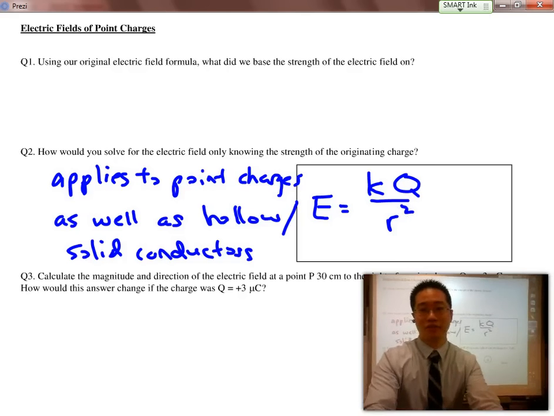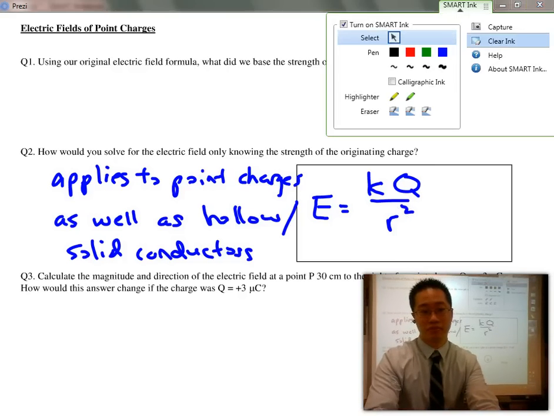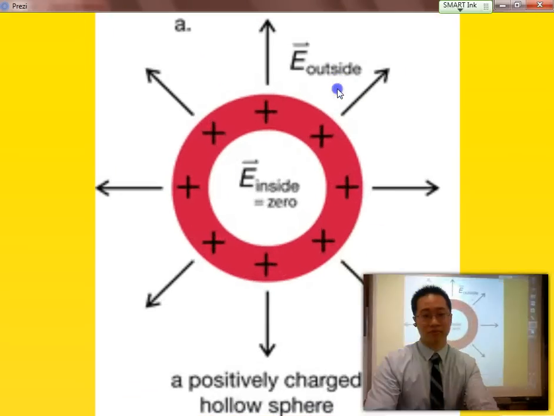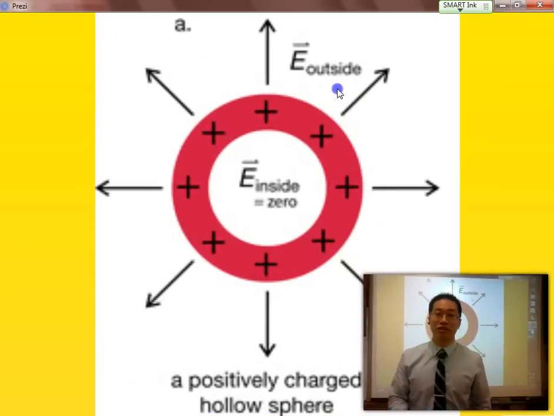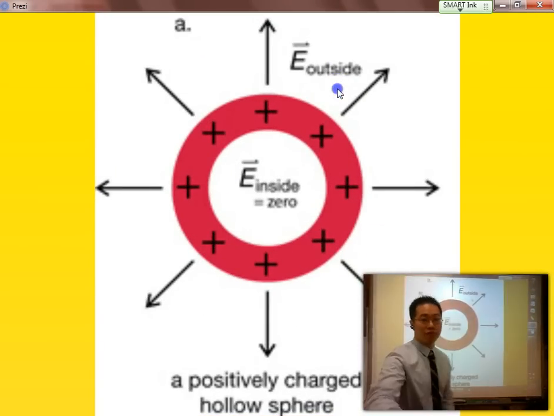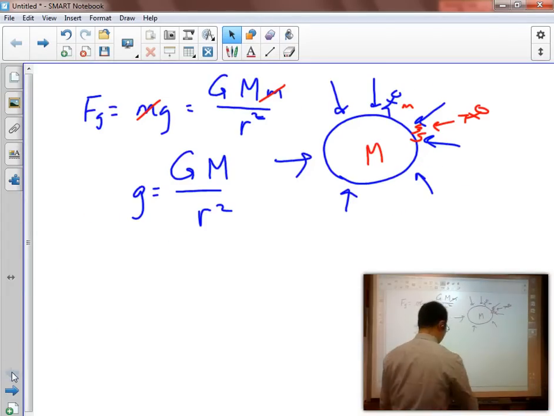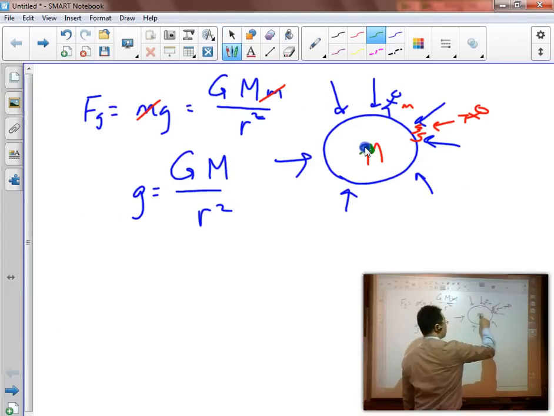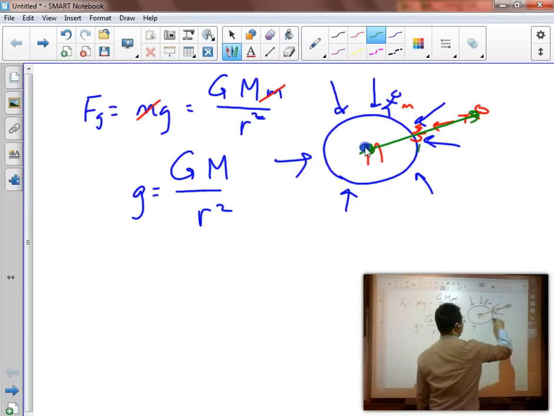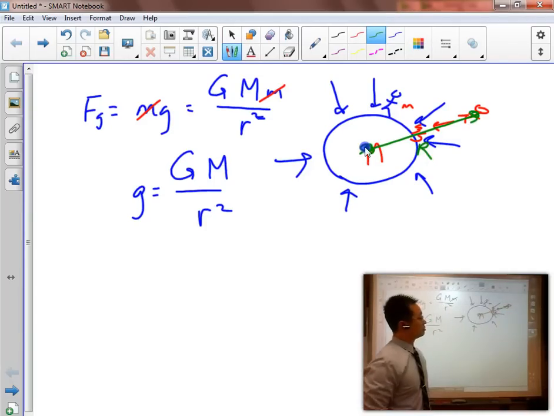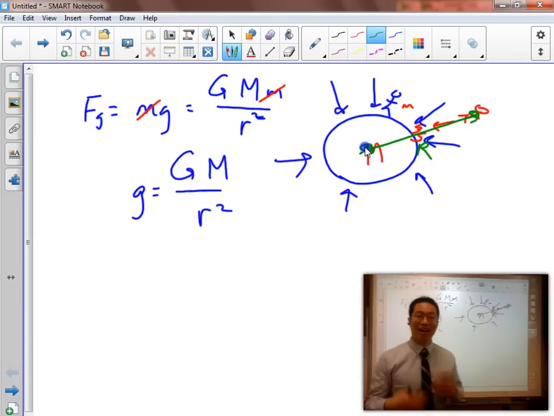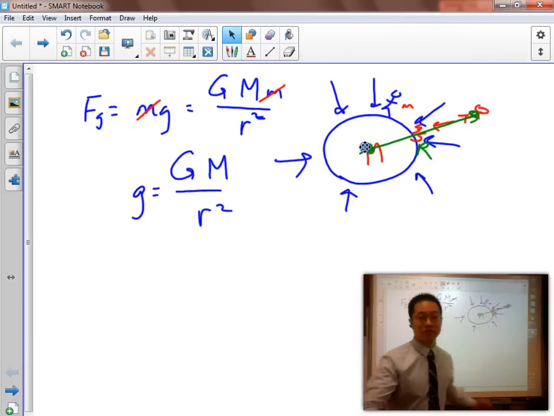What do I mean by that? Over here, just as with before our picture of the Earth, okay, all distances are measured from the center of the Earth. Okay, so it doesn't matter how large it is.